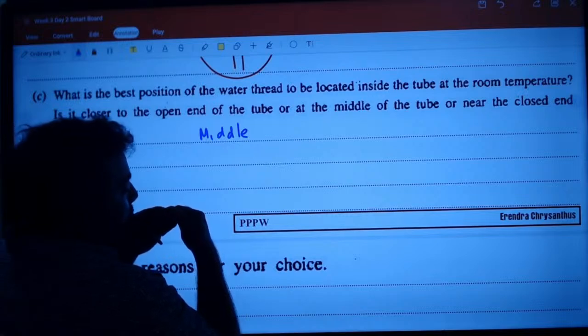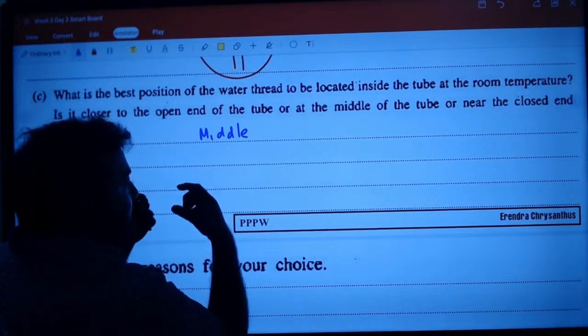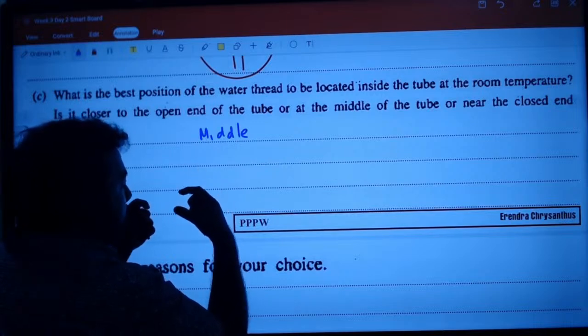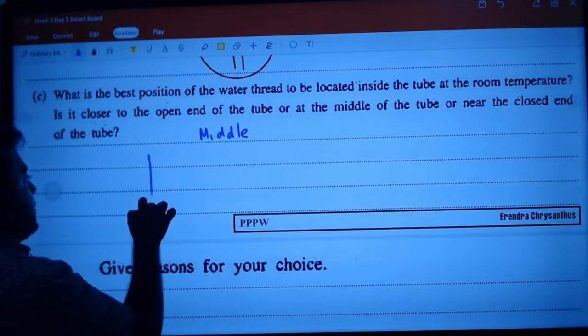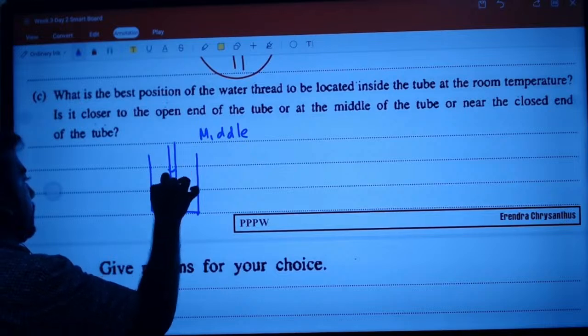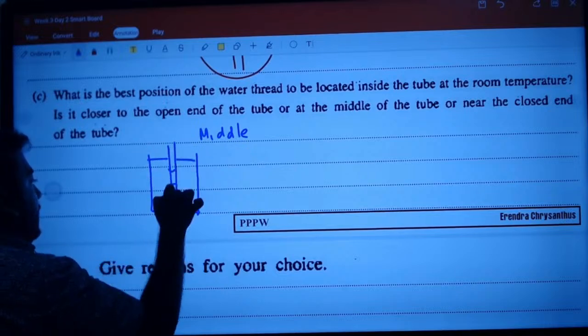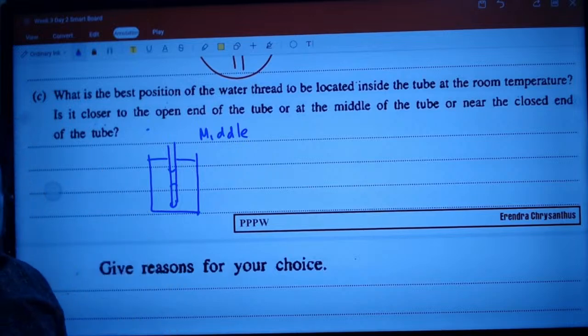It's easier to obtain many readings if the liquid can travel inside the vessel. If you do not keep it in the middle, once you heat it, the liquid will jump out.